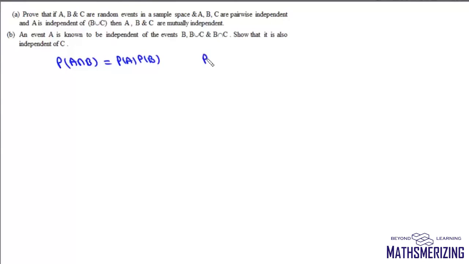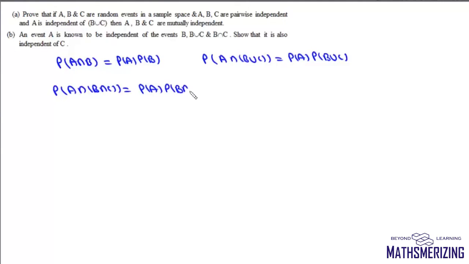Now it is also independent with B union C. So A intersection (B union C) is equal to probability of A into probability of B union C, and also it is independent of B intersection C. So from here we can say this is P(A) into P(B intersection C). Now again we'll simplify this.